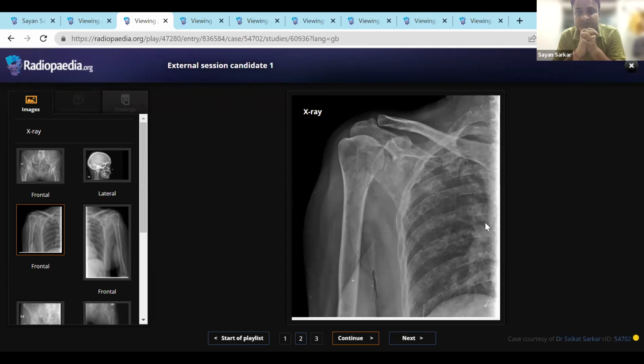How will you differentiate multiple myeloma versus metastasis? By the CT scan, we will know that there is no underlying primary.